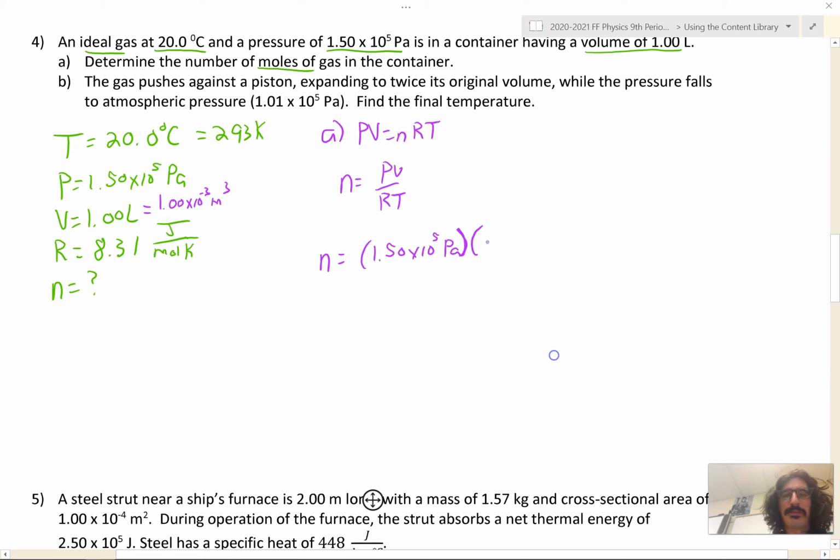Sorry about that. 1.00 times 10 to the negative 3 meters cubed, all over R, 8.31 joules per mole times Kelvin, times the temperature, 293 kelvins. Plug and chug, and we get the number of moles to equal 0.0616 moles.